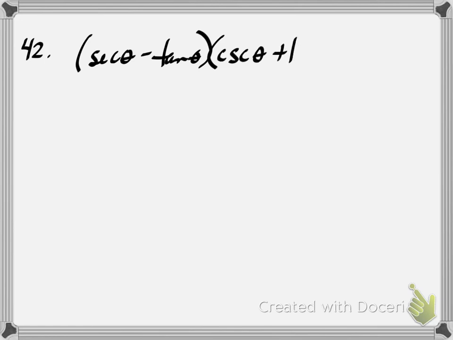And then maybe try one of the more difficult ones. I don't know, I'm going to do 42. Secant theta minus tangent theta times cosecant theta plus 1 equals cotangent theta.